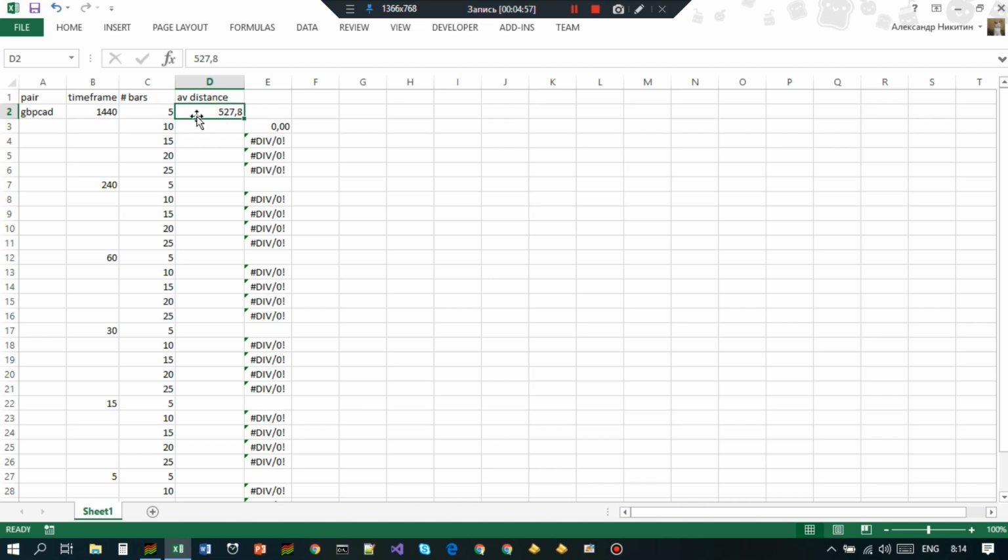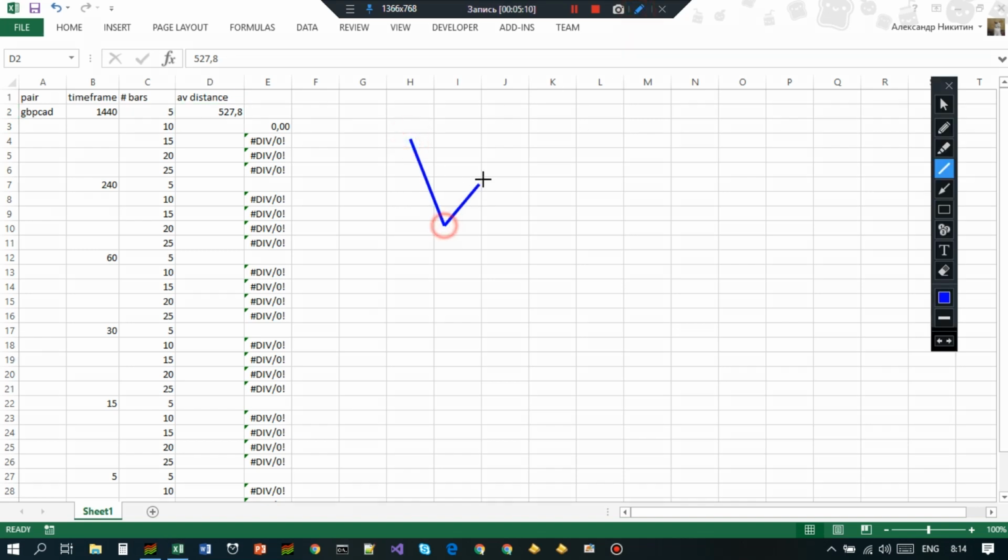If I base some trading on that, I can set the take profit at this size. Or if I have a swing started already, and the correction started, I know that 527 is somewhere average, and I can set the selling order somewhere at this average size, and it should be executed somewhere in that range.